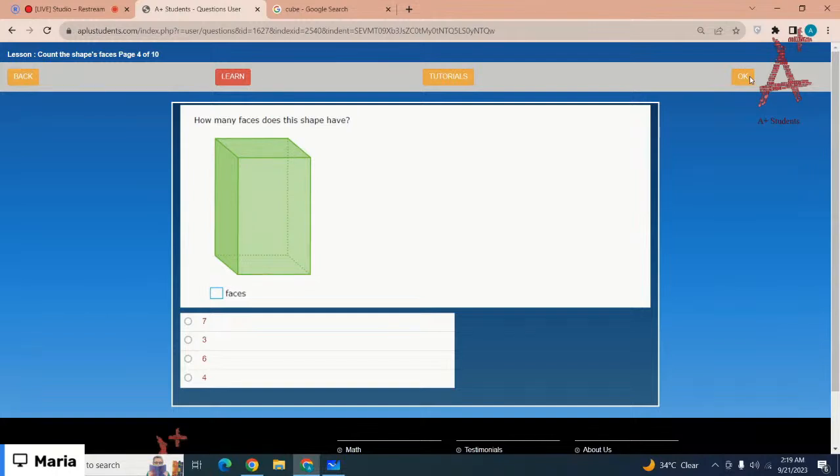Which is the correct option? Yes, the correct option is 6 faces, right? The shape has 6 faces.